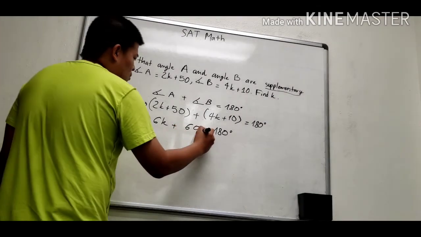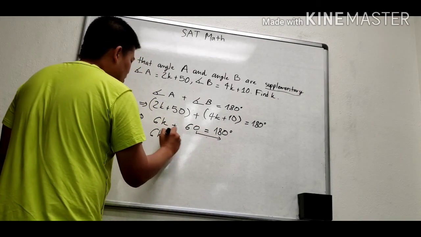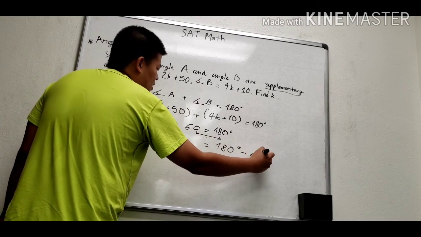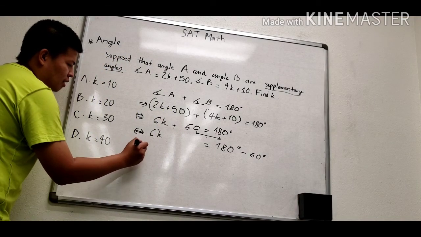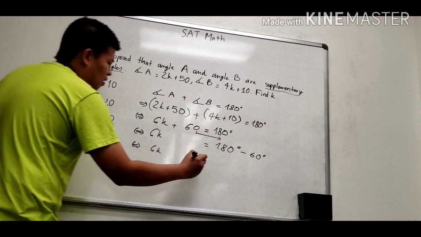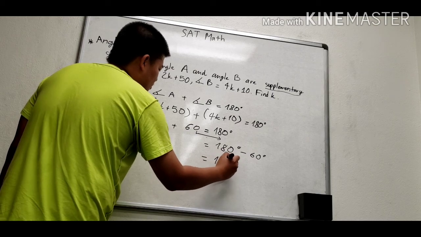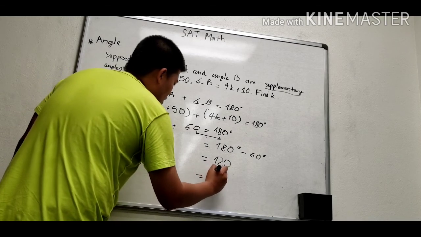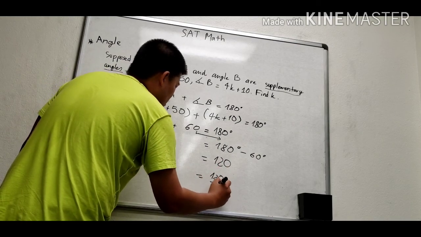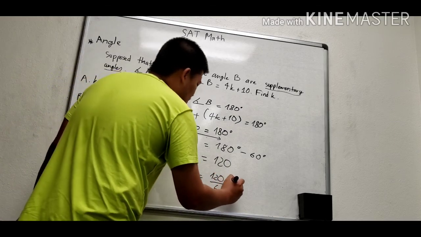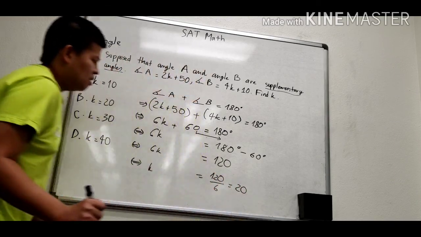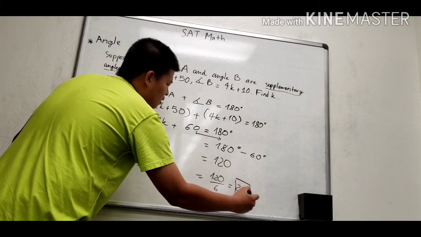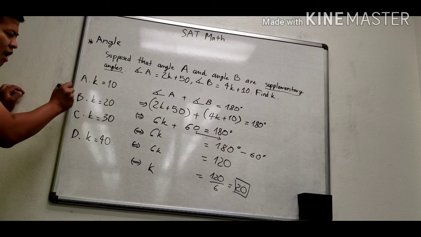Move 60 to the right, so we get 6k equal to 180 degrees minus 60 degrees. We get 6k equal to 120, and k becomes 120 divided by 6, so you get 20. So k is 20, and the answer for the question is B.